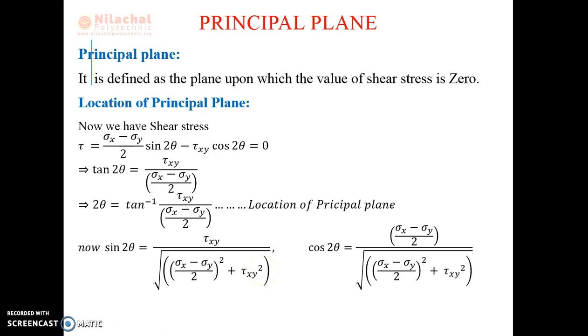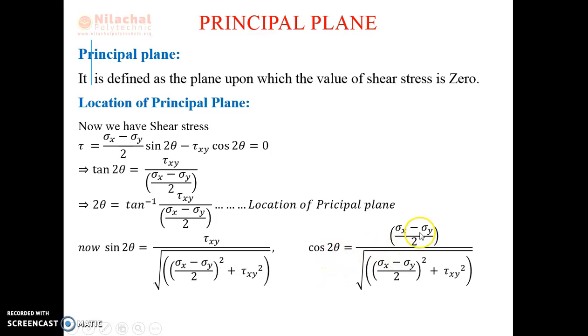We know that sin 2 theta means P by H, and cos 2 theta means B by H. So the P value is tau xy and the H value is the square root of ((sigma x minus sigma y)/2) whole square plus tau xy square.